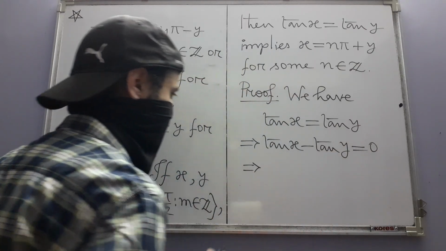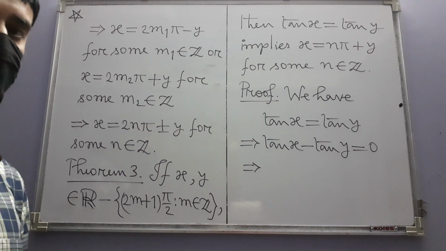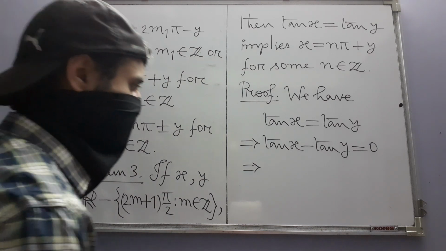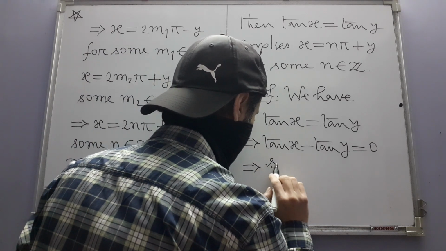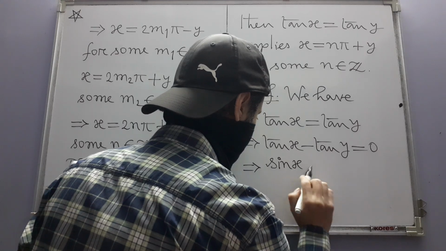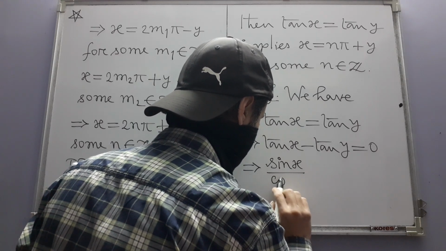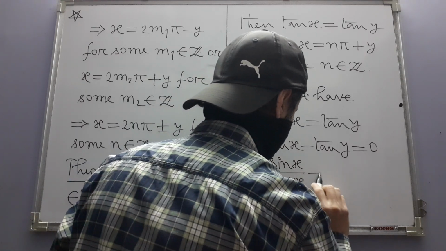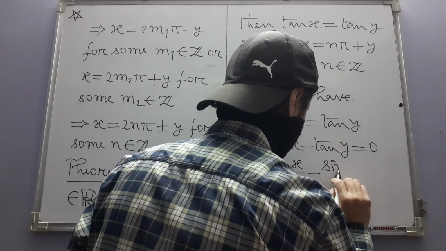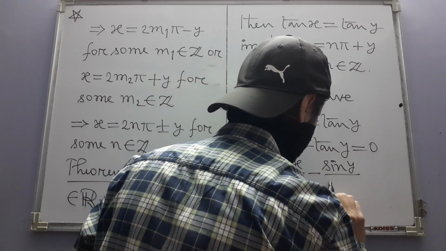We don't, however, have any ready-made formula for tan x minus tan y, but we can, of course, turn this into sin and cos and then see what we get in terms of sin and cos.